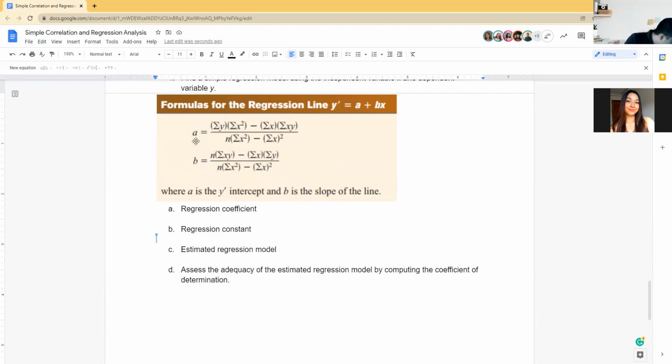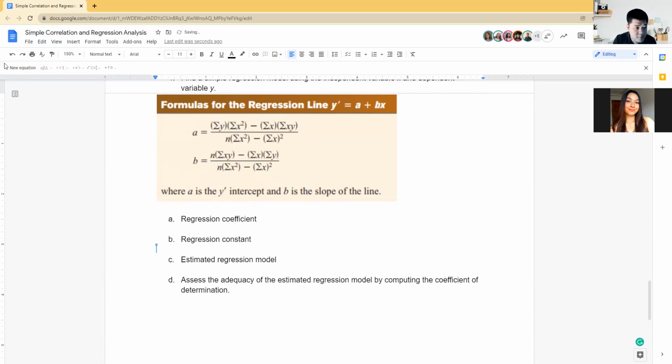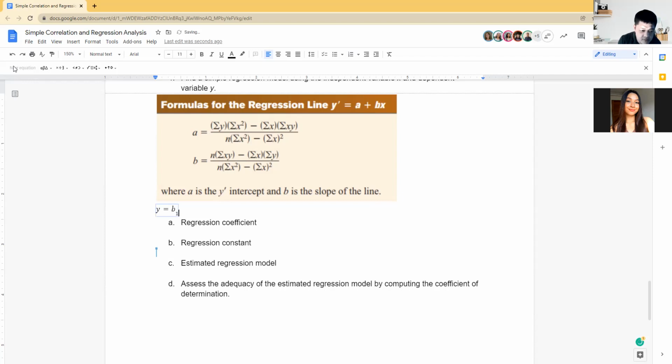Now, other books will give you this form: y is equal to, so yung regression coefficient nila is b sub 1 x plus b sub 0.